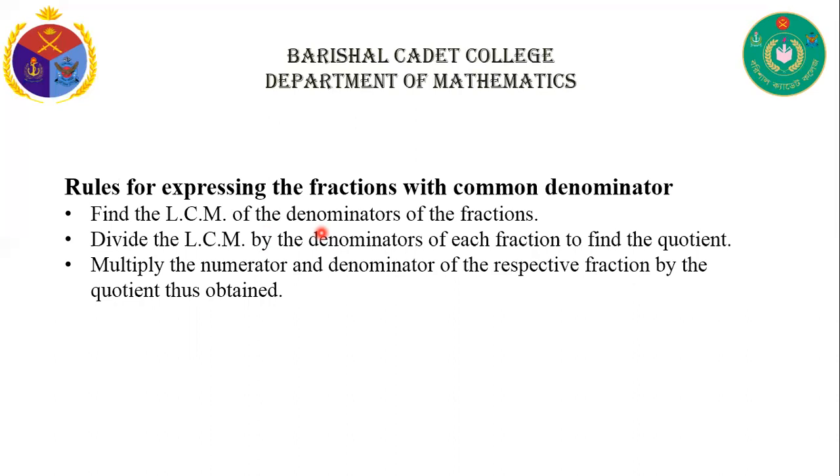Then divide the LCM by the denominator of each fraction to find the quotient. So 4 divided by 2 is 2, that is the quotient. Then multiply the numerator and denominator of the respective fraction by the quotient thus obtained. Now we multiply 1 by 2: 1 into 2 divided by 2 into 2.